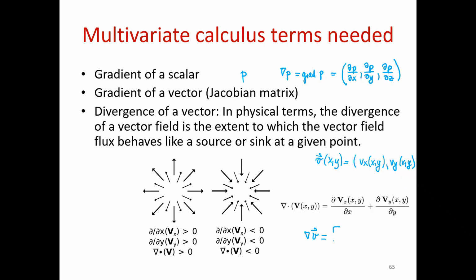Okay. What are we going to put in the first column? Essentially, the first column will be my gradient of Vx, my scalar function Vx. And in the second column, the same for Vy.